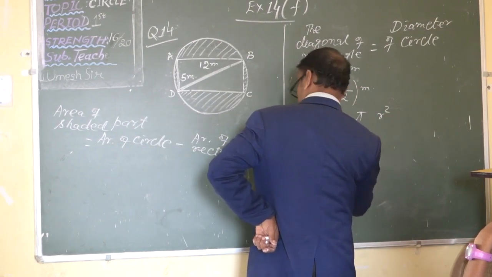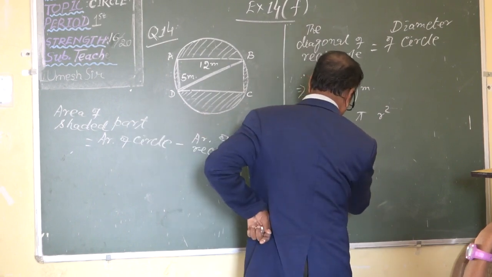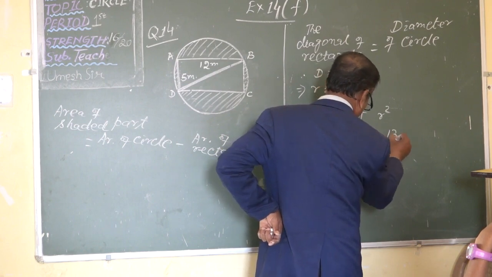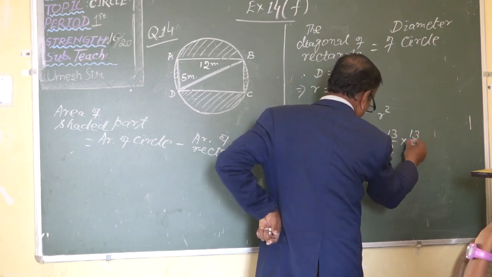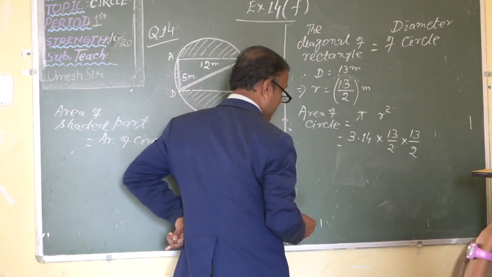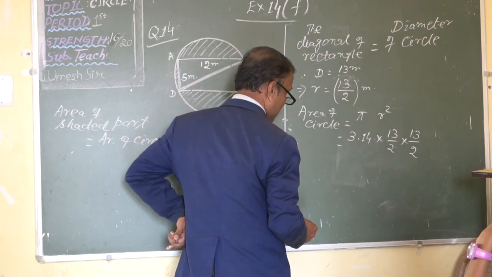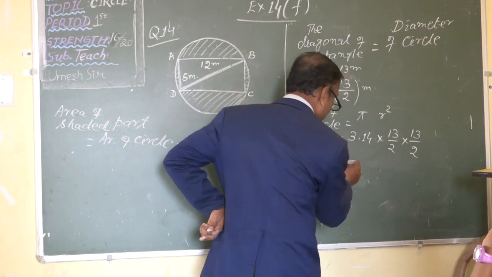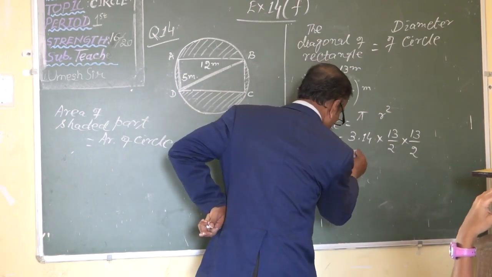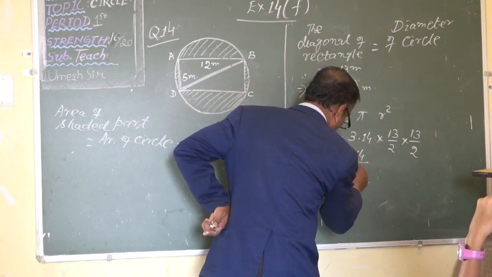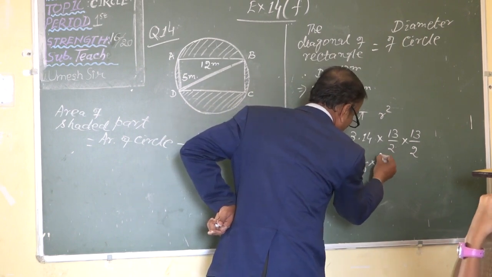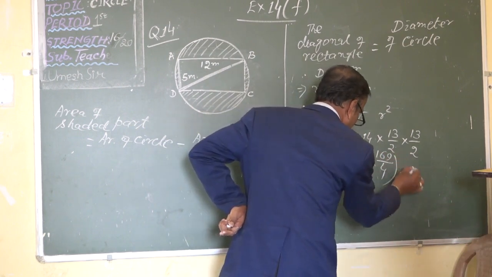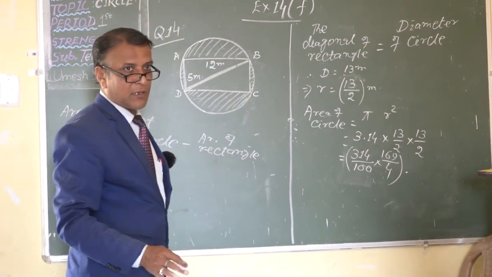Pi r square. But here pi is given that you take 3.14. So 3.14 into r square means 13 by 2 into 13 by 2. That is equal to 3.14 means 314 by 100 into 13 into 13, 169 by 4. Keep it like that. That is the area of circle.